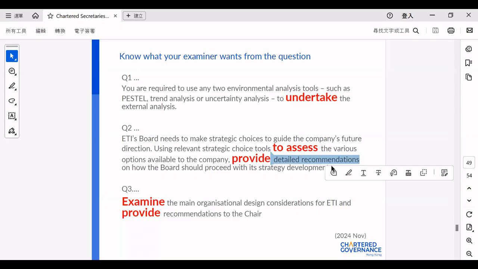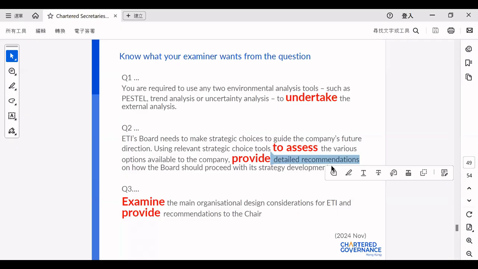So you have to present a clear recommendation, and these recommendations must be actionable according to the facts of the case. So, for example, if the company is running short of cash, then you cannot recommend them to open a new market, open a new shop, etc. You know, that's not feasible.